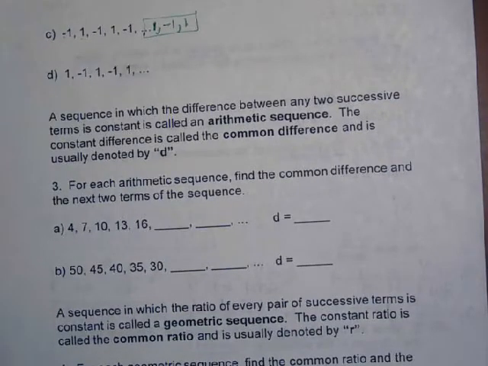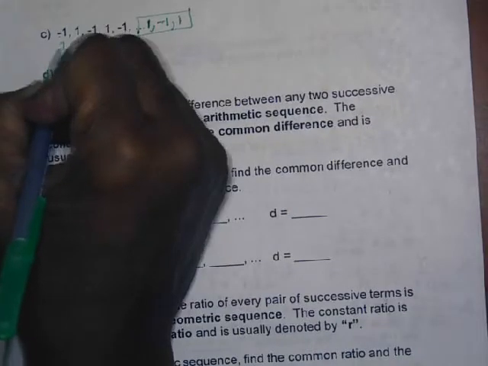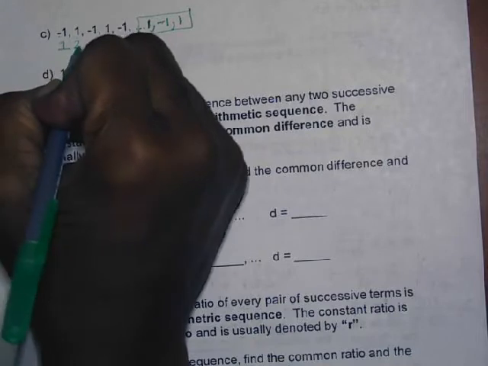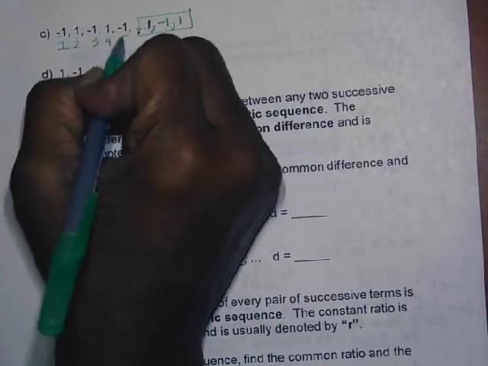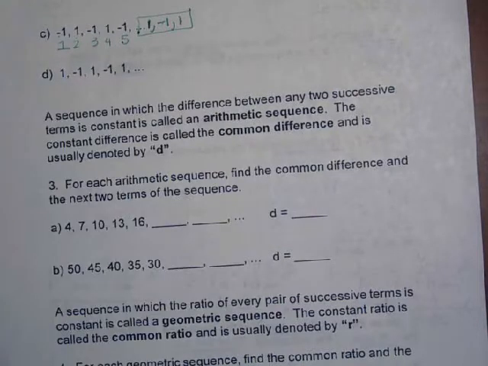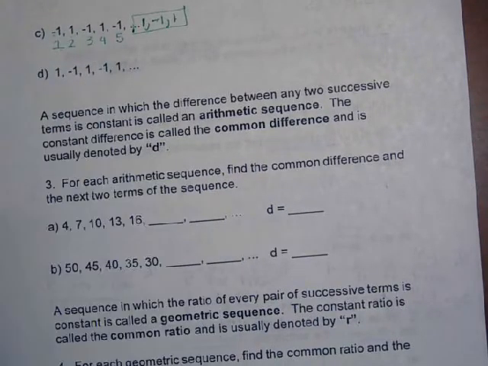All right. So let's see. This is the first term, second term, third term, fourth term, fifth term. What is the relationship between the n's and the ones?